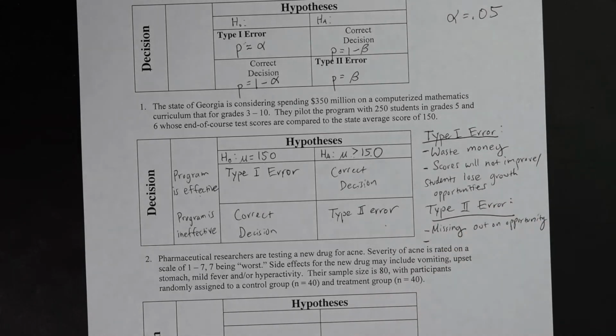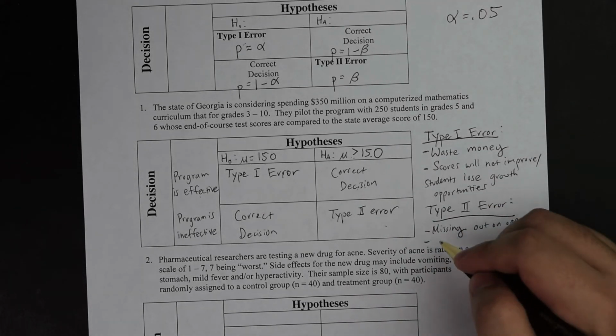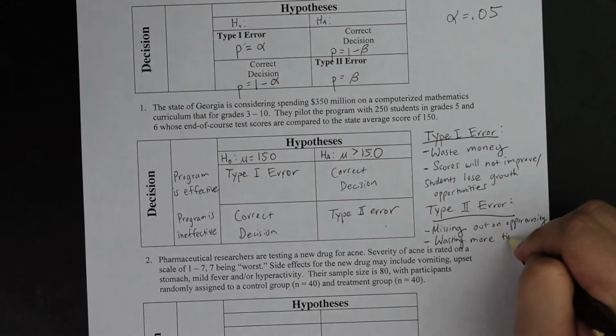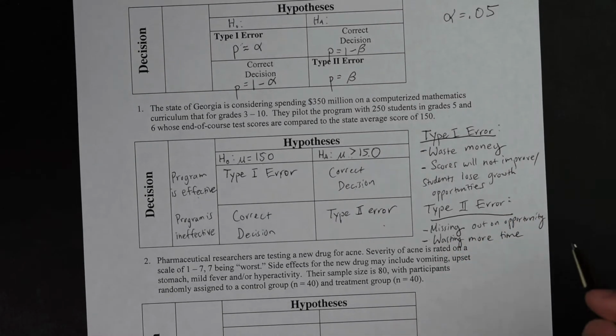Not only that, we're also wasting more time. Because we claim this program is not working, the district has to spend more time and more resources looking for other programs, while this program could have been the solution.